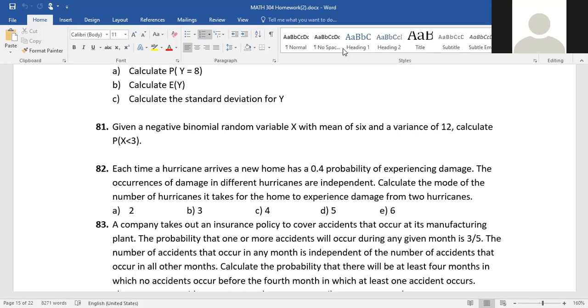Here is the definition of a negative binomial. You want to find the probability of success p and r, and you are given the mean and the variance. So the mean is 6 and the variance is 12.